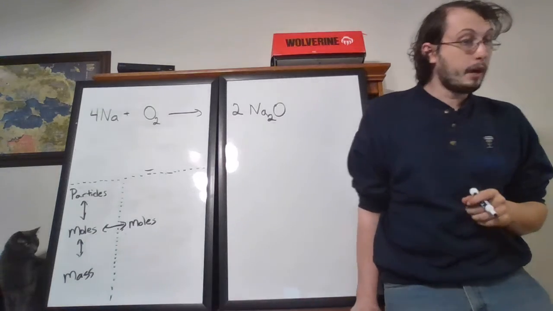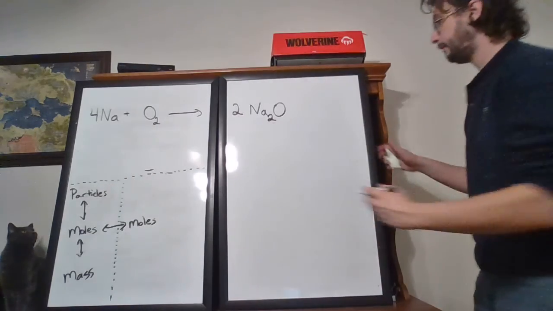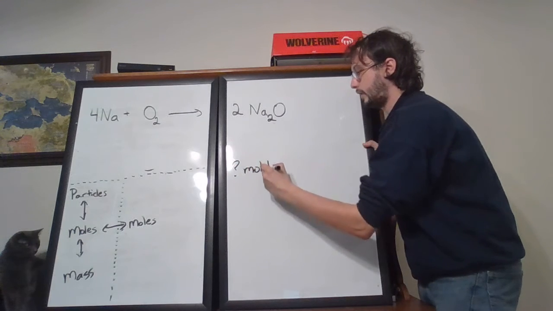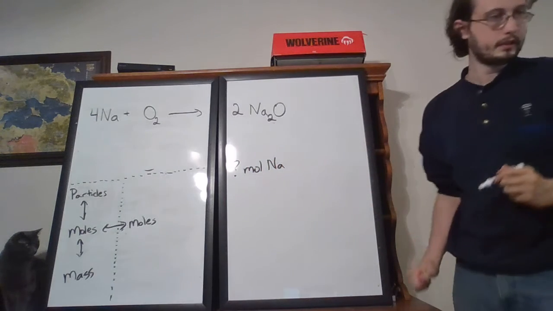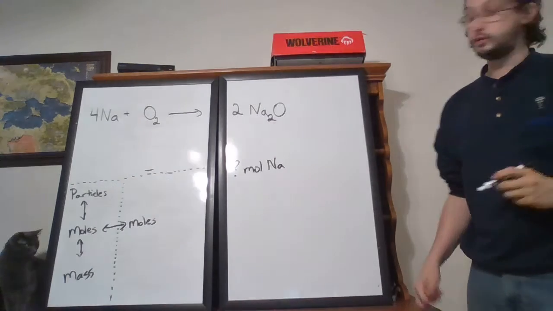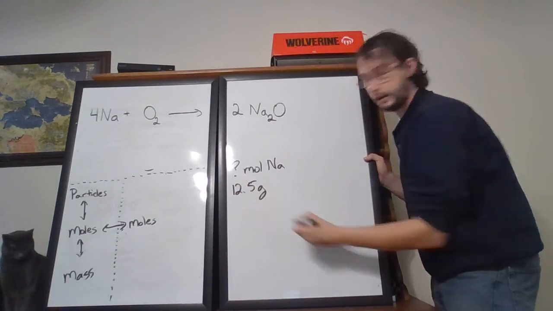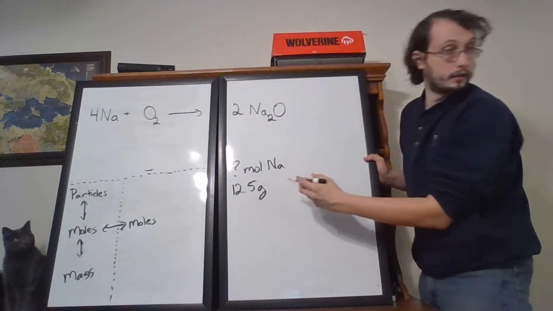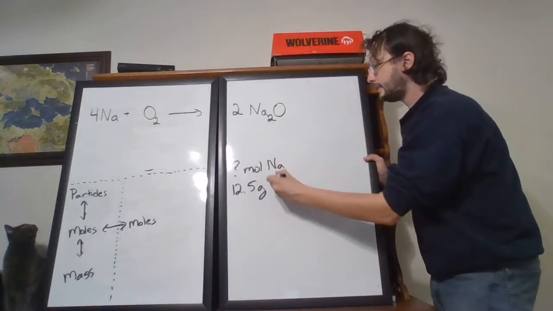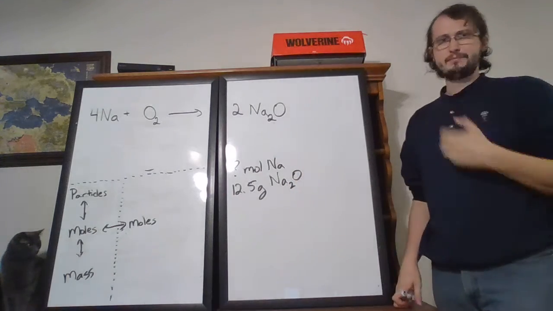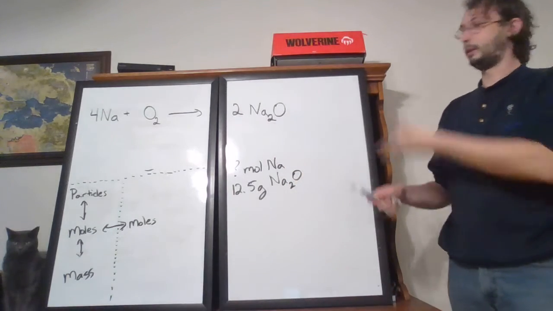So our second question is, how many moles of sodium are needed to produce 12.5 grams of sodium oxide? And this is kind of the whole point of this, if you're a chemist, or this is what you would use it for.